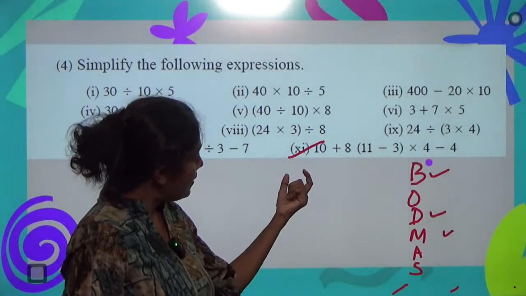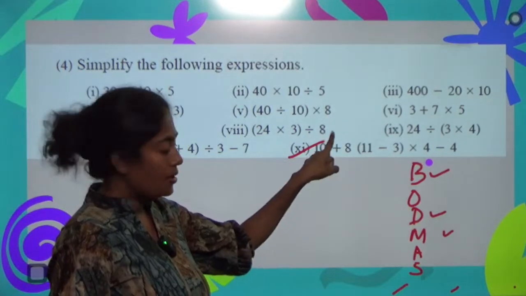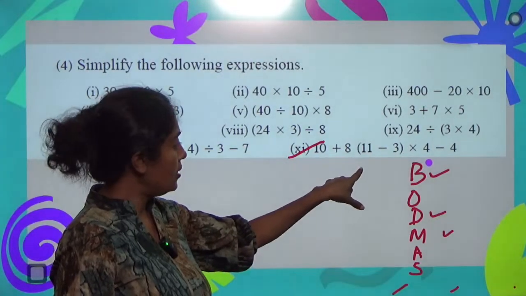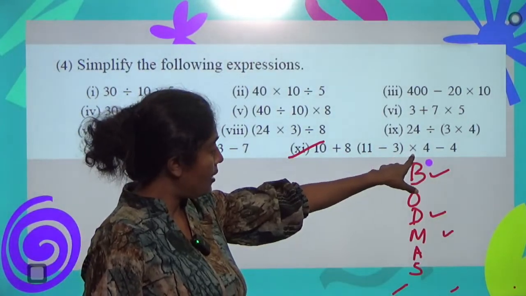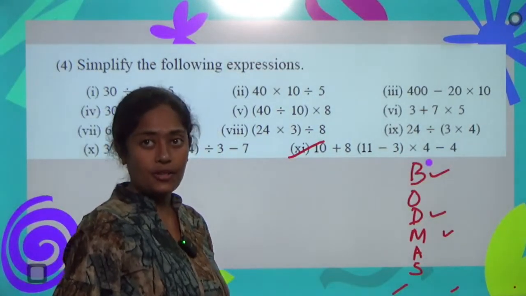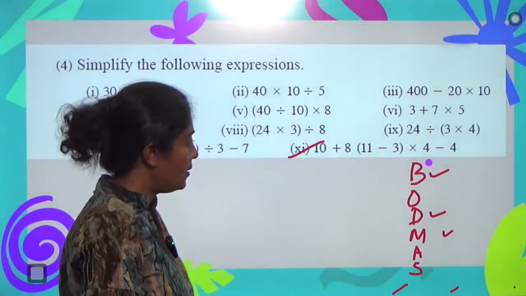Here what are the mathematical operations there? Here addition, then in between these two multiplication, then here again you have multiplication, then brackets also you have, then subtraction. First what you have to simplify? Brackets, right?